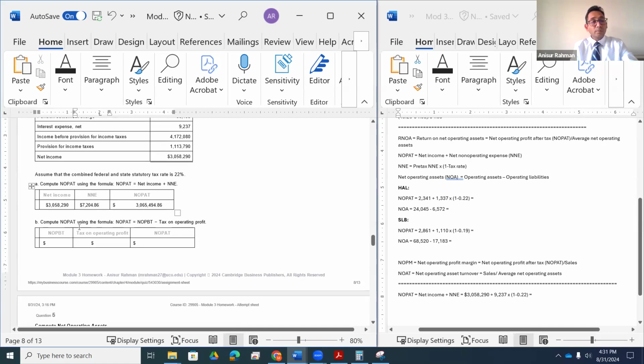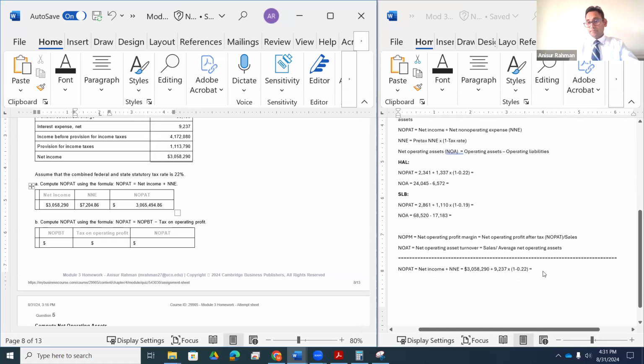Now compute NOPAT using the formula NOPAT is equal to NOPBT minus tax on operating profit.